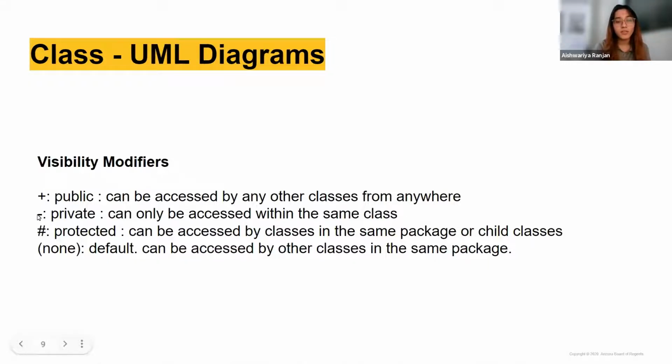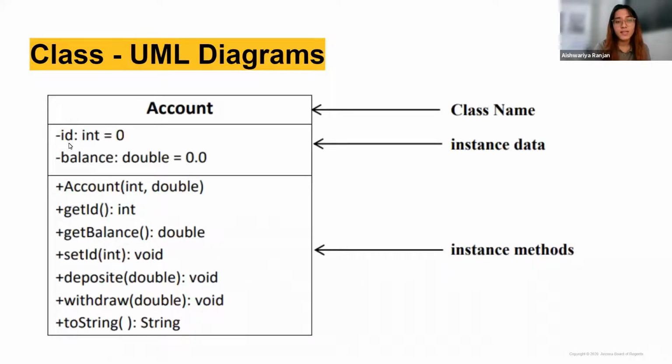Private, on the other hand, denoted by the minus sign, can be accessed only within the same class. As we saw before in this Account class, id and balance are private variables, so they can be accessed only by methods of this class itself.